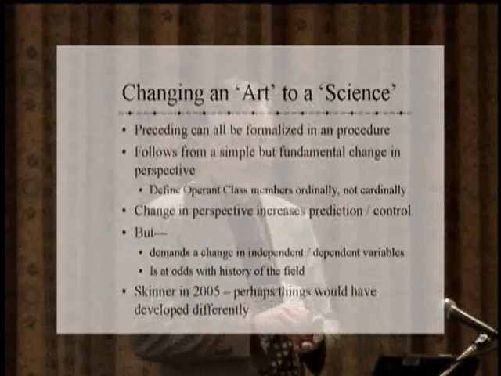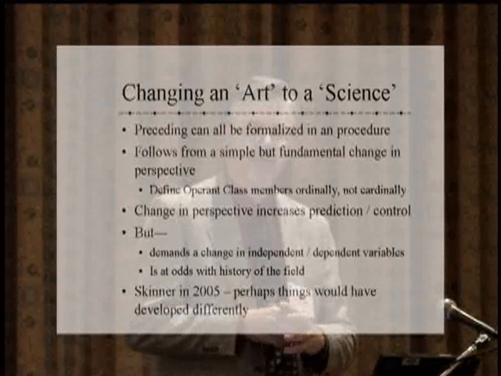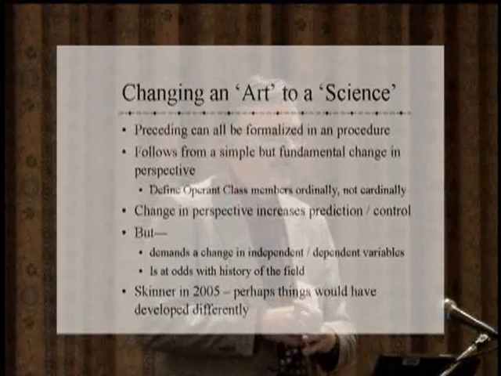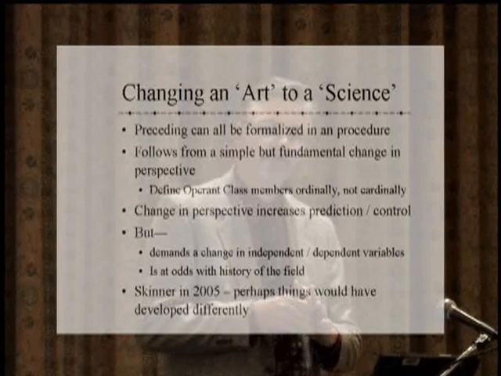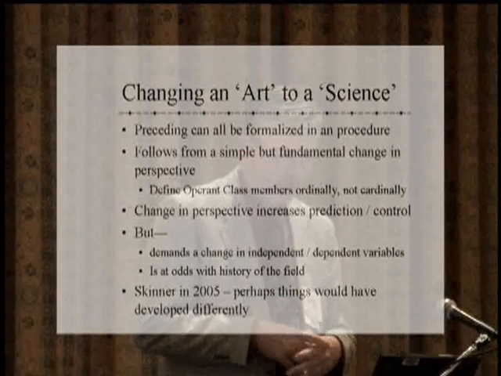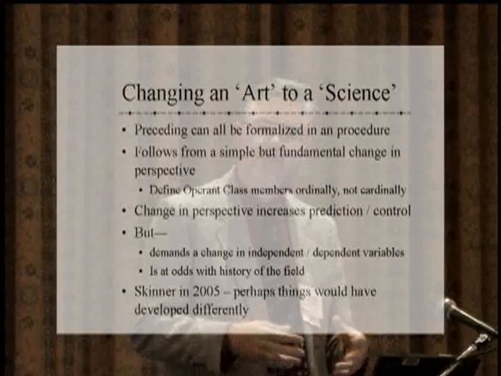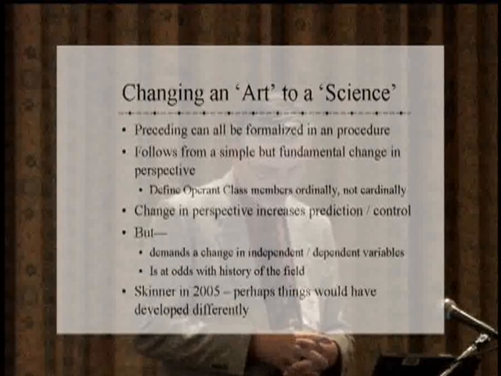And that very simple change is to define operant classes not cardinally, as we do in operant conditioning classes when we define a lever press as any press over 20 newtons, but to define them ordinally, to define behaviors in relation to other behaviors.